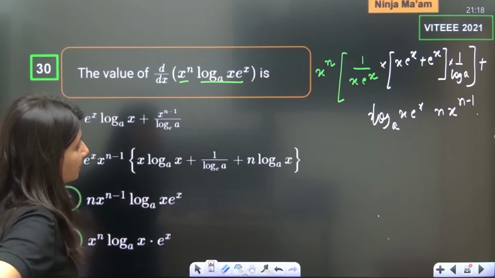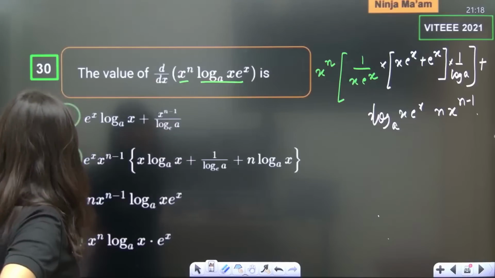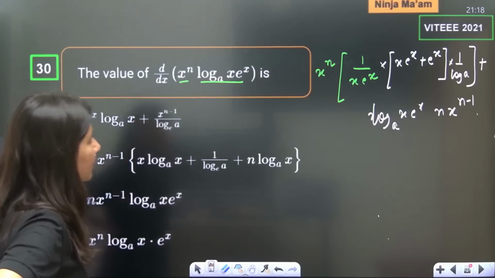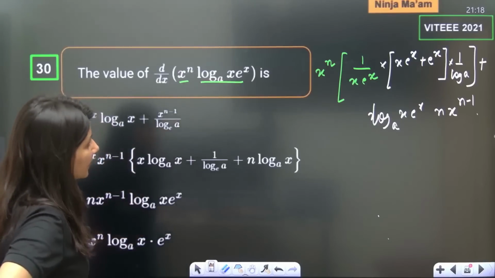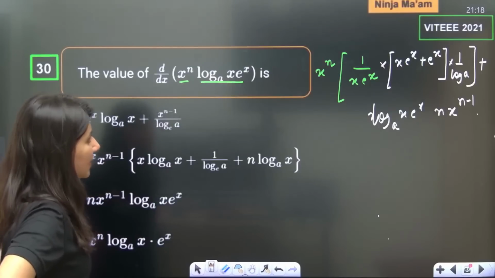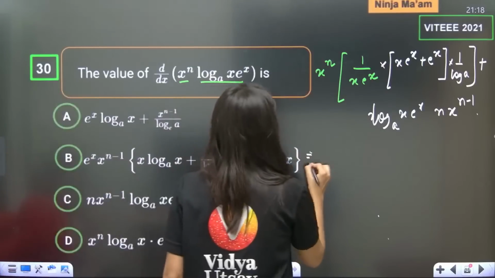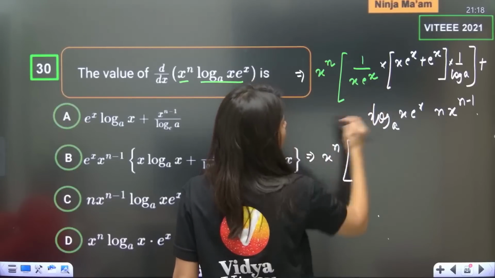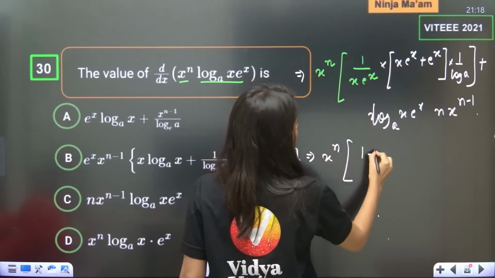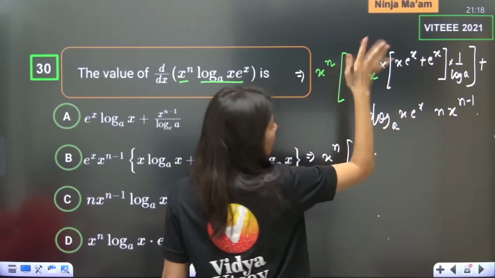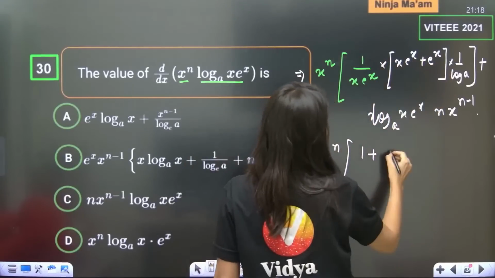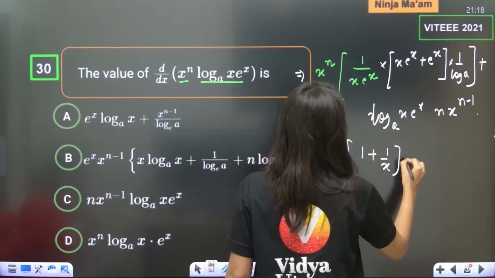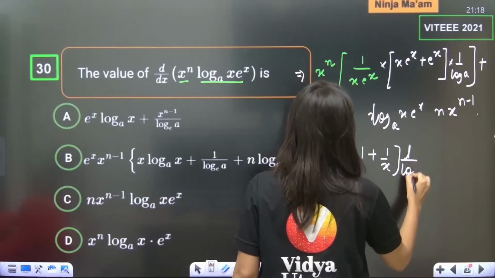So okay, correct answer will be what? Let me rearrange. So yes, let's multiply it. So this is x power n, and if you multiply, this is 1 plus, what about this? E power x cancel out. So this is 1 by x and this is 1 upon log of a.